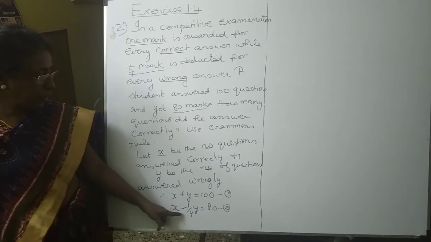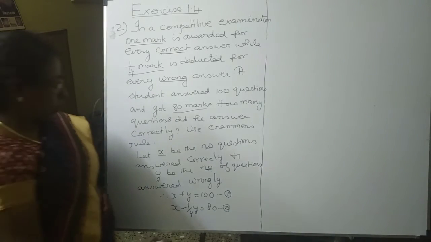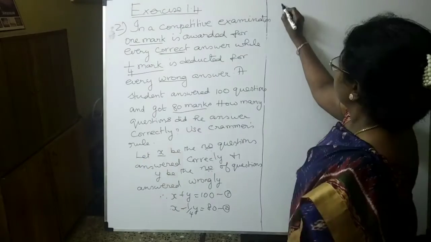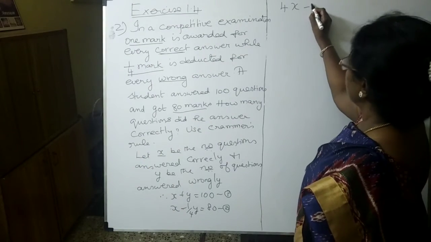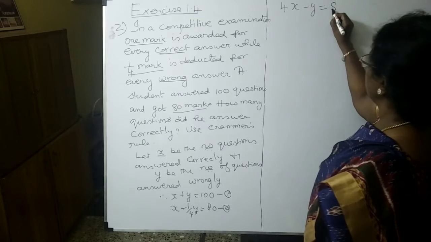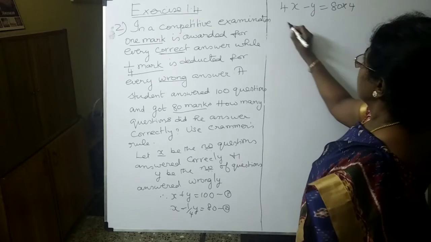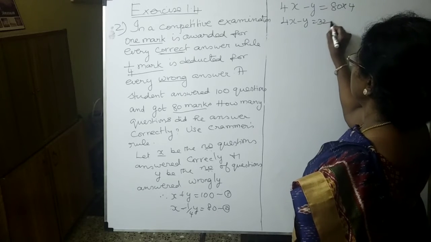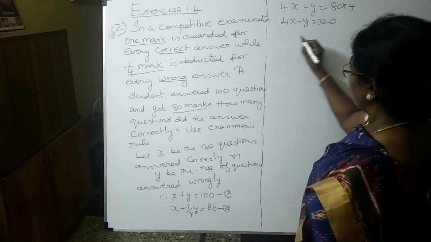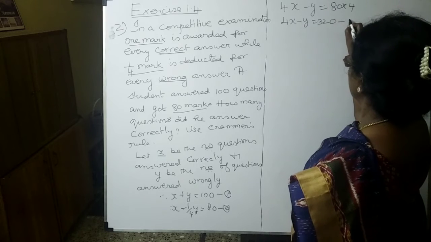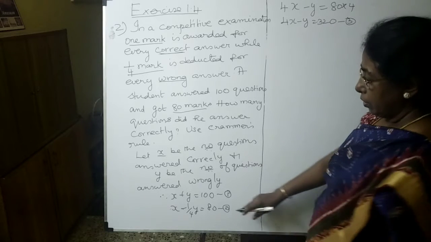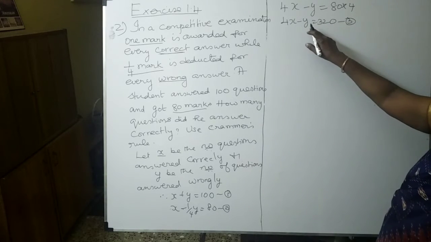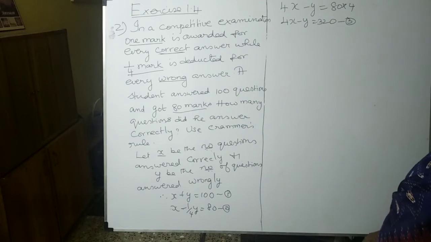Now taking LCM 4, the second equation reduces to 4x minus y is equal to 80 into 4. That is 4x minus y is equal to 320. So this is your second equation reduced to 4x minus y is equal to 320.